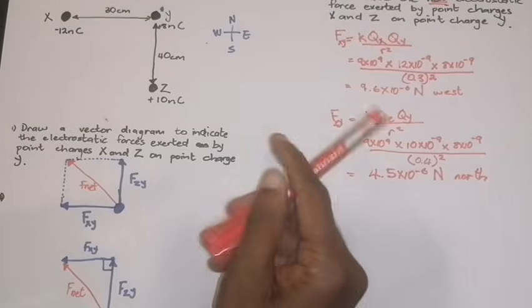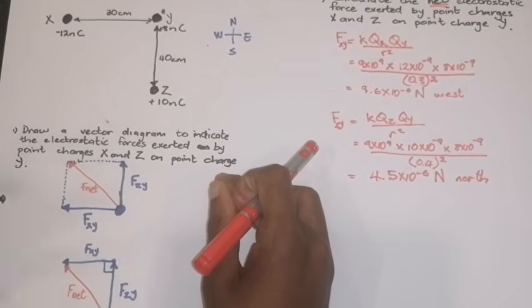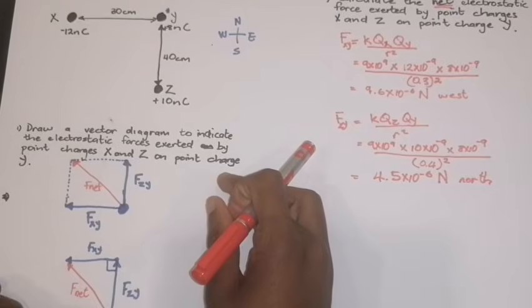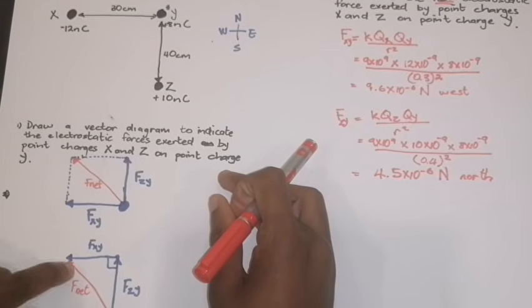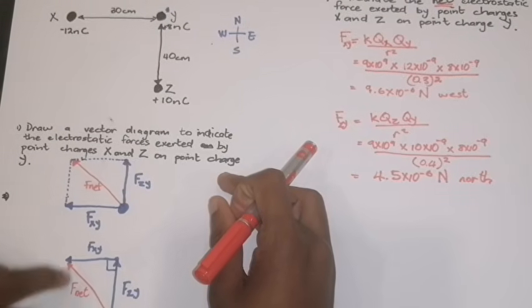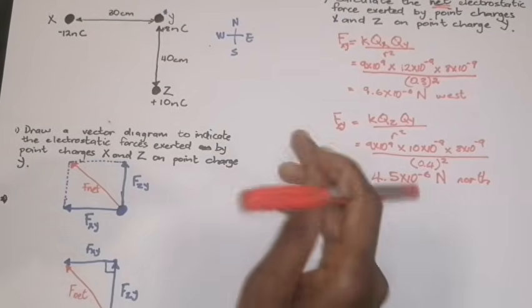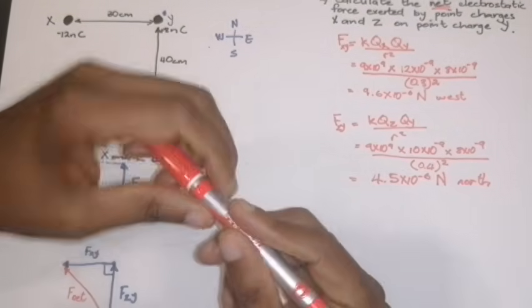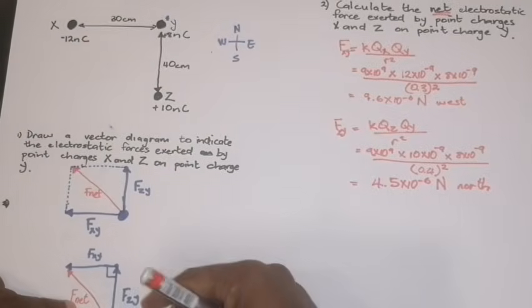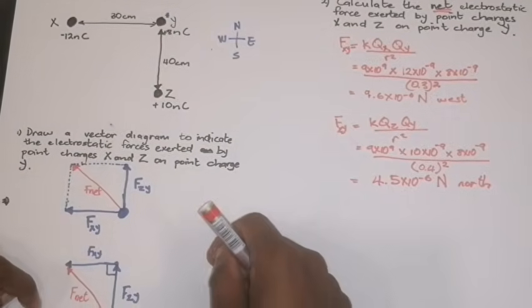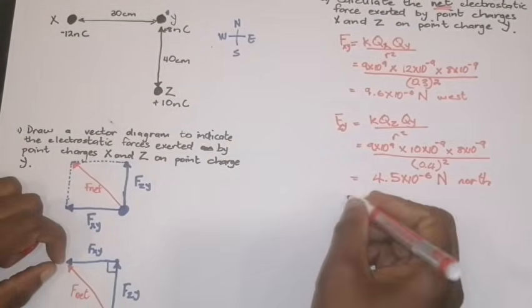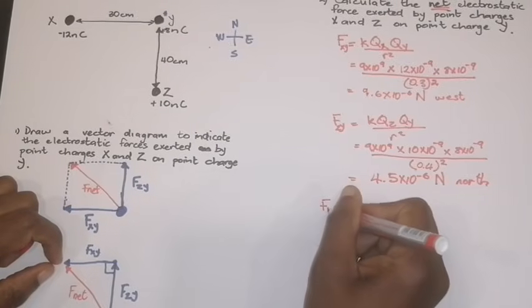Now we go back to our mathematical tools. If this is a 90-degree triangle, we know this side we call the hypotenuse, and mathematics says the square of the hypotenuse will always be the sum of the squares of the other two sides. So how do we get our net force in that particular case?